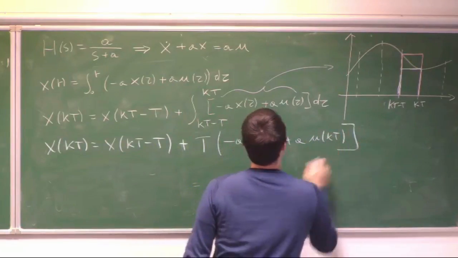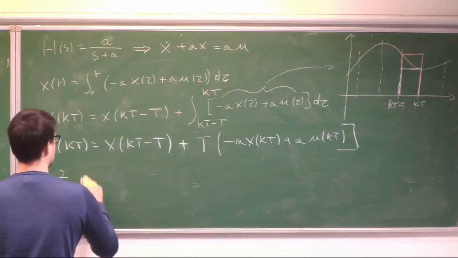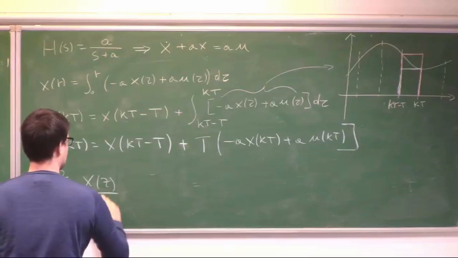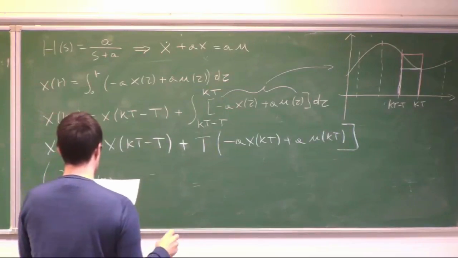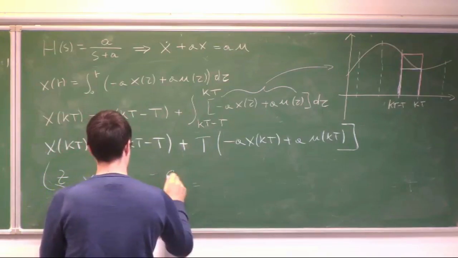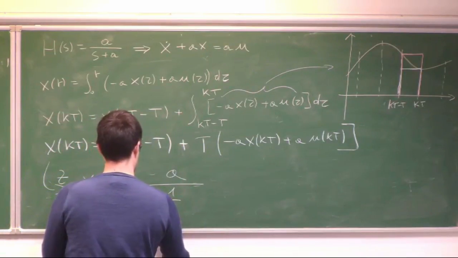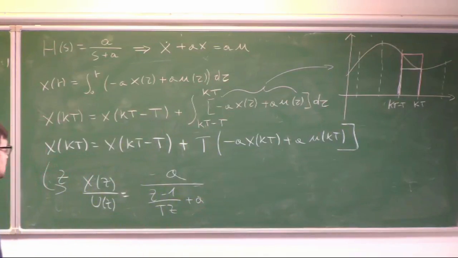Okay? So at this point we compute the z transform and we write the transfer function x of z divided by u of z, and this will in this case be equal to a divided by (z minus 1)/(Tz) plus a. Again, you can do this as an exercise.